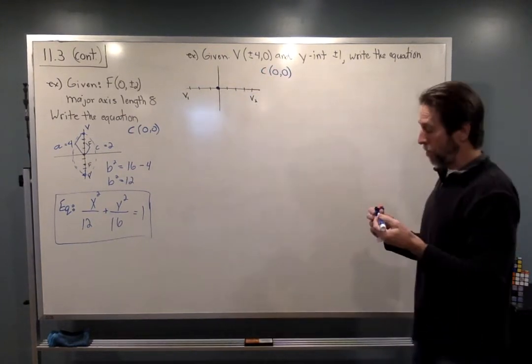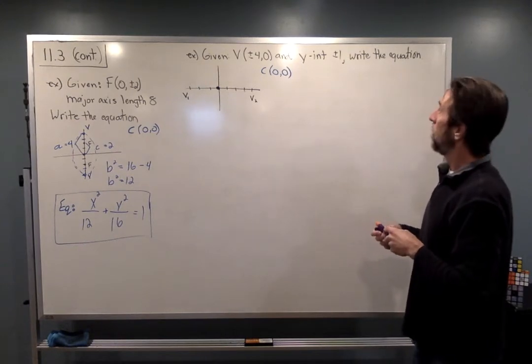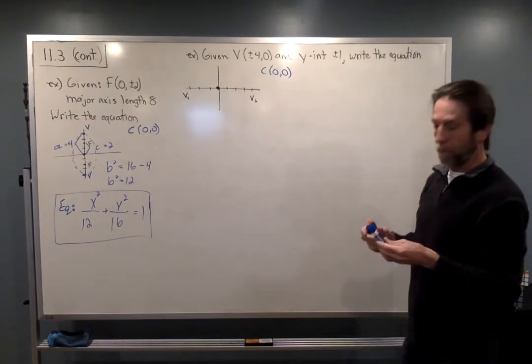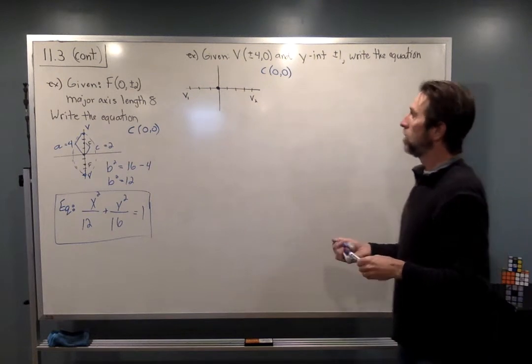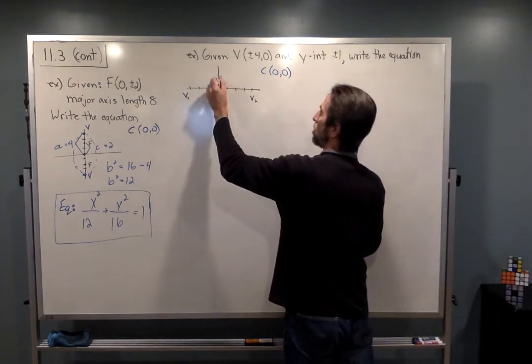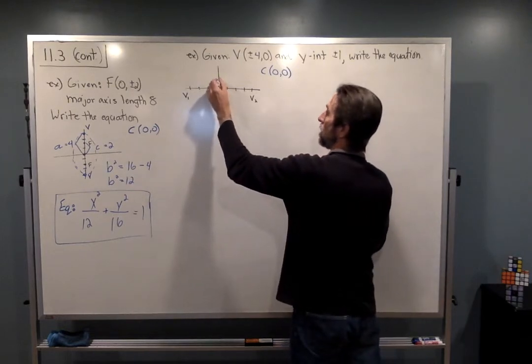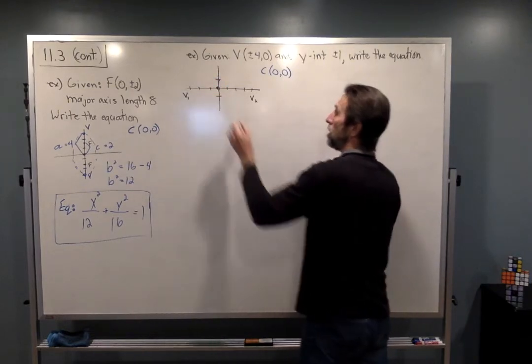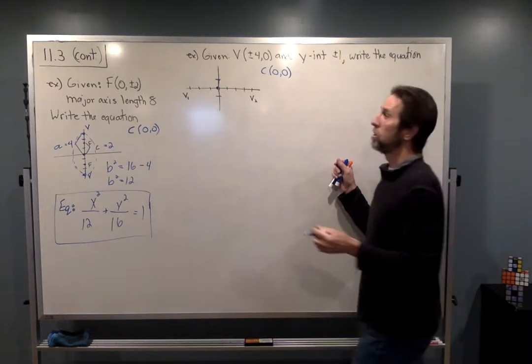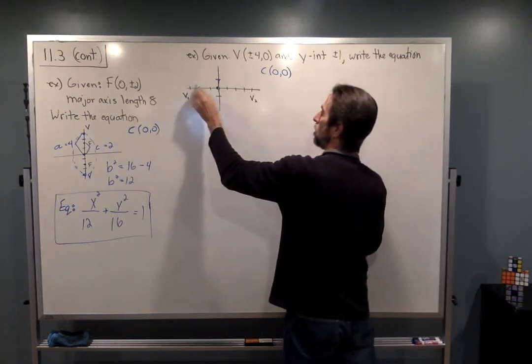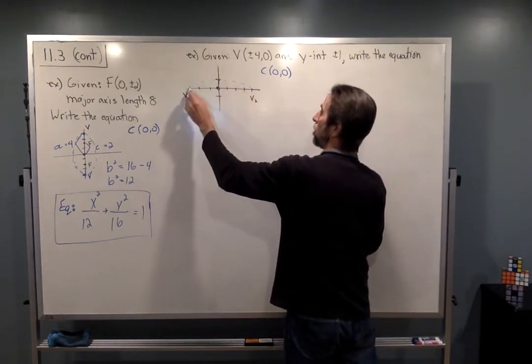No adjustment there. We also know that the y-intercepts are plus and minus 1. Because of the symmetry of an ellipse, those are basically the endpoints of the minor axis. So this is a very long, skinny ellipse.